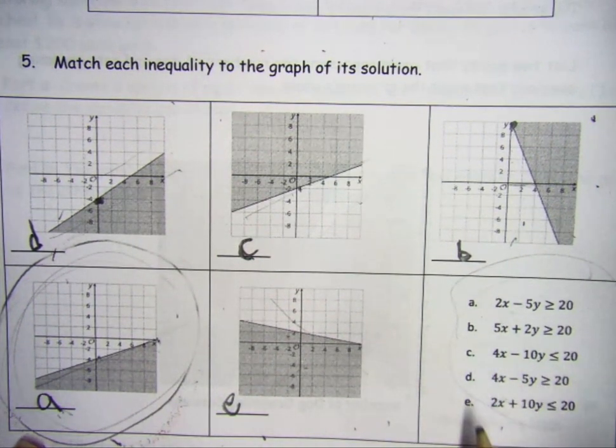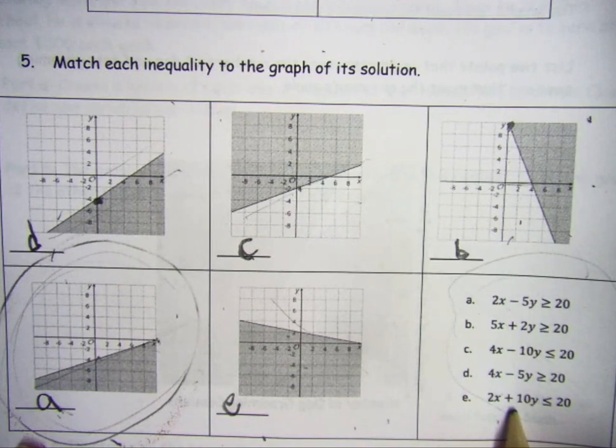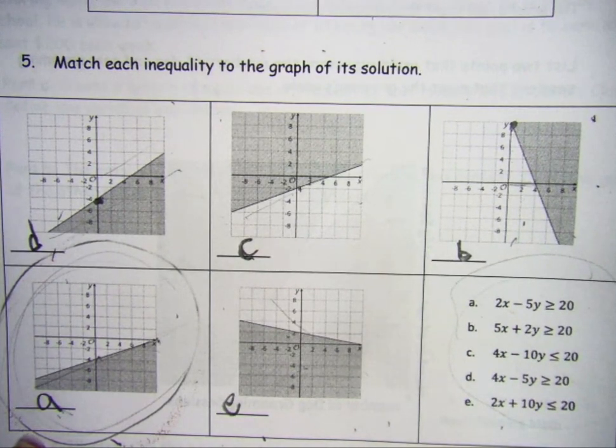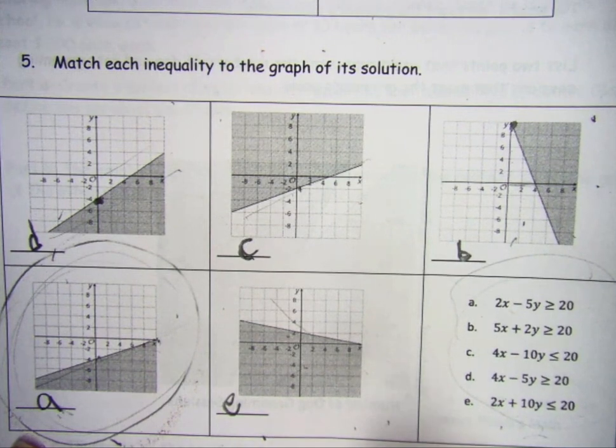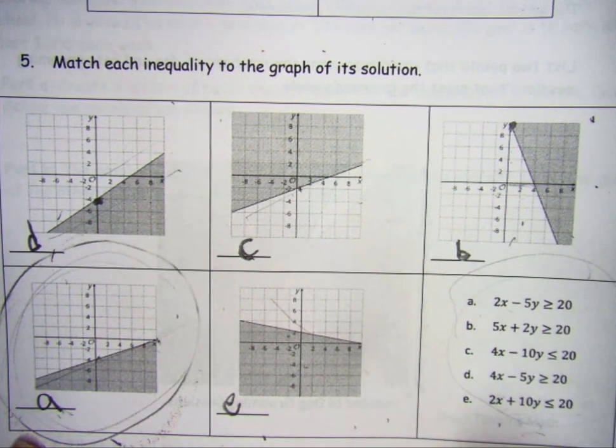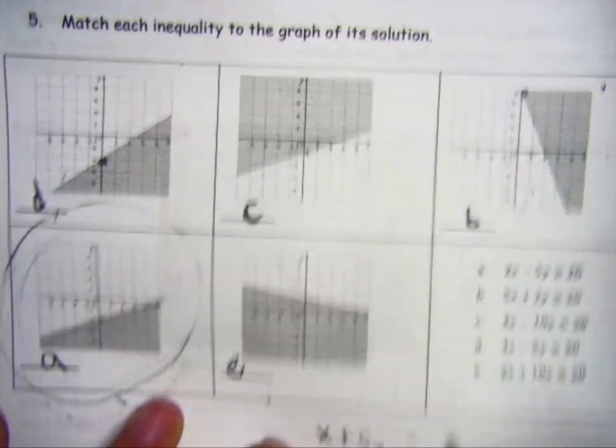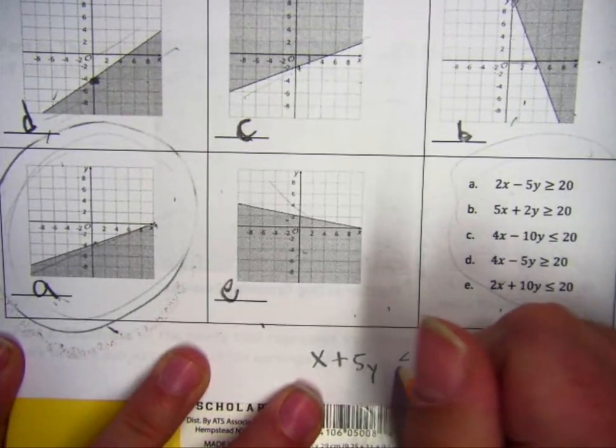All right. So I'm just going to put this into slope-intercept form. First thing I'm going to do is divide everything by 2, and we get x plus 5y is less than or equal to 10.